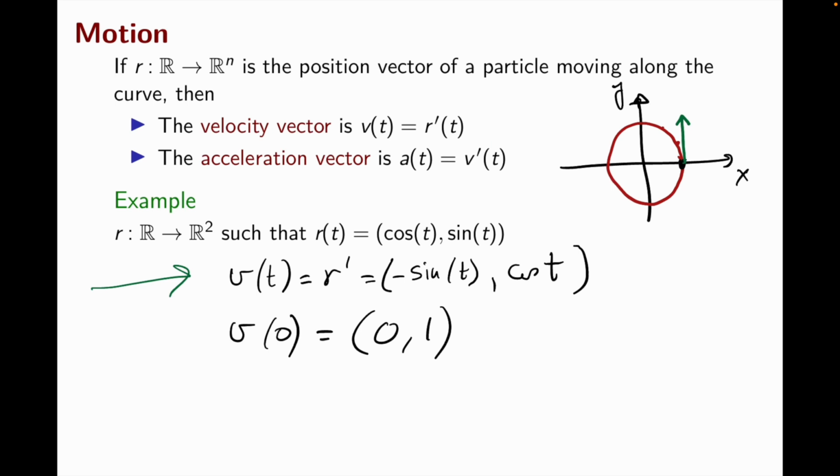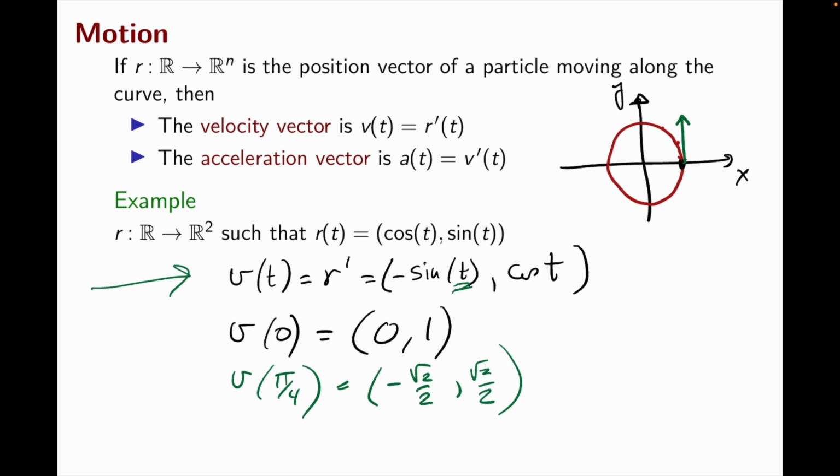So for instance, let's say the velocity vector when t is pi over 4. Let's plug in pi over 4, and we have minus sine of pi over 4. That will be minus square root of 2 over 2, comma, cosine of pi over 4, which is square root of 2 over 2.